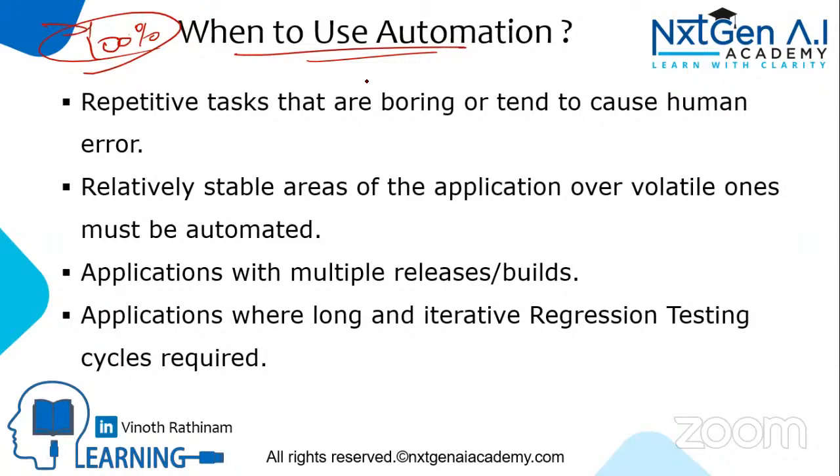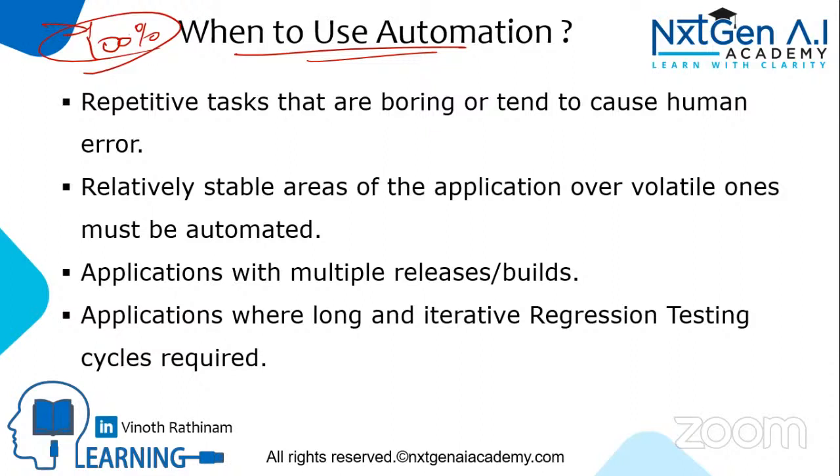Remember, not everything we can automate, nor in every place. There are some places we can implement it, and some places we cannot. It's simple common sense. Based on that, you have to choose when to use and when not to use.